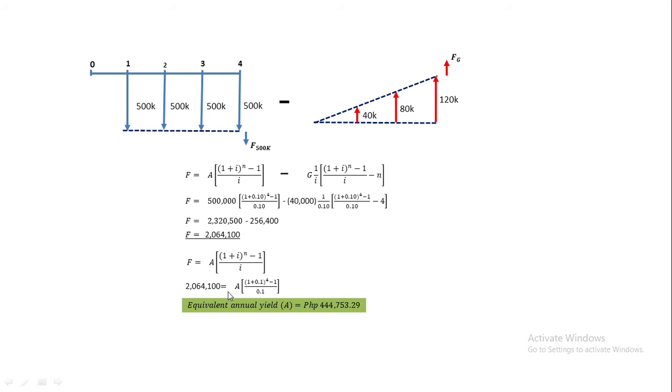So substitute, and then we will come up with the equivalent annual yield A equal to 444,753.29 pesos.